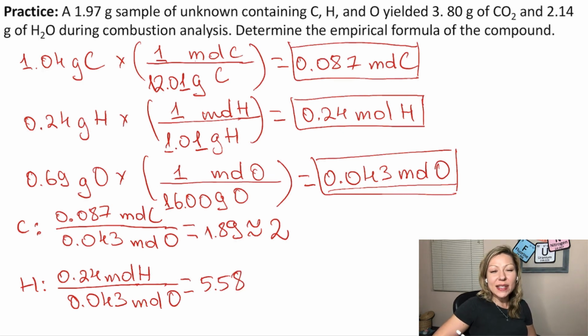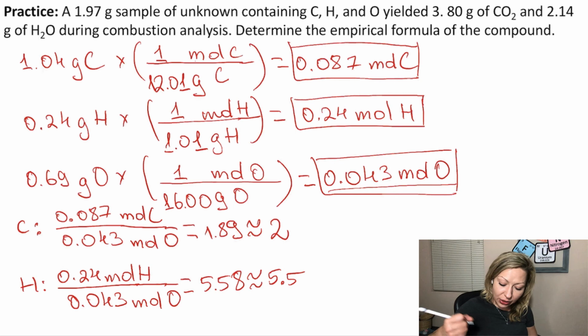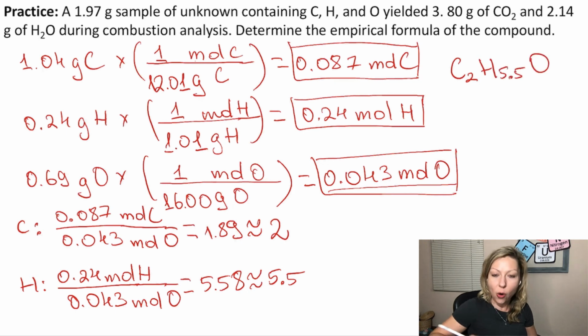Okay, so this number is really close to 5.5, so I'm going to keep it as 5.5. Based on the information that I have right now, I could write out the formula the following way: C2H5.5O. Does this formula make sense?